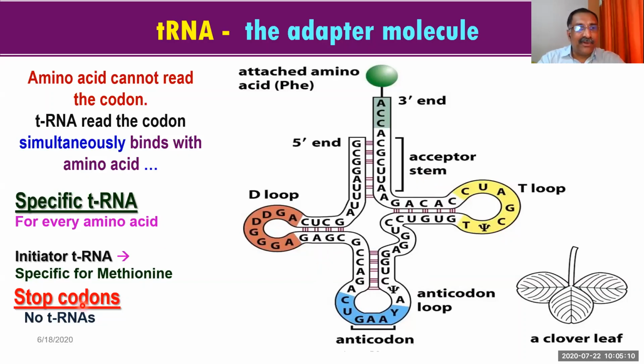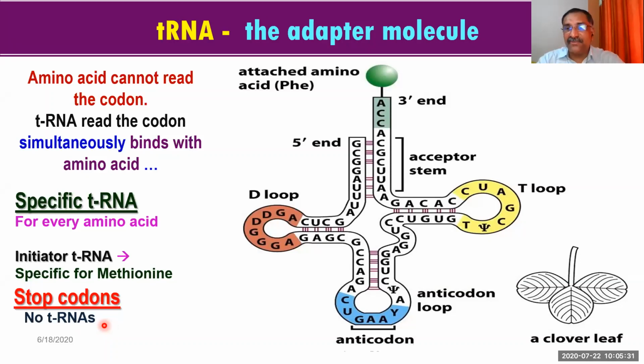At the end, we can notice that when any one of the 3 codons, UAA, UAG, or UGA, comes, the corresponding transfer RNA is no more available.